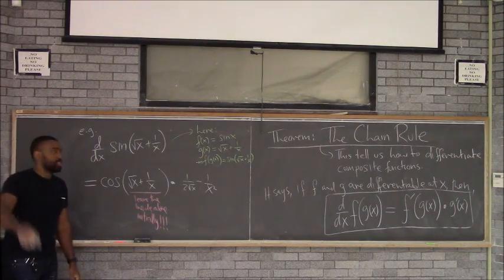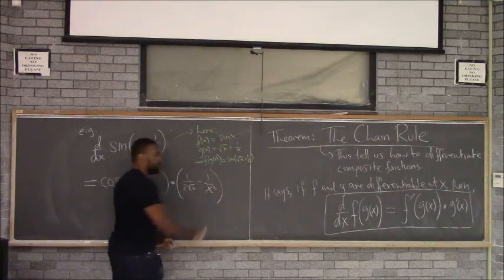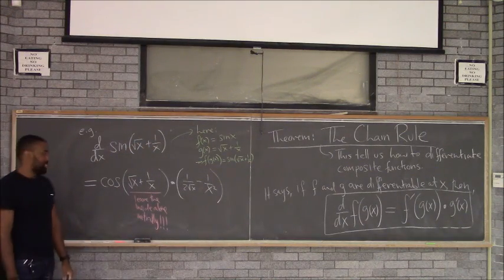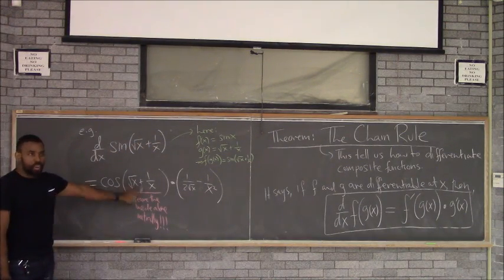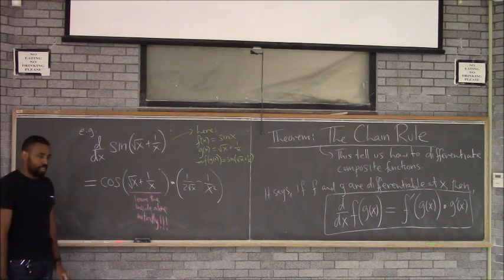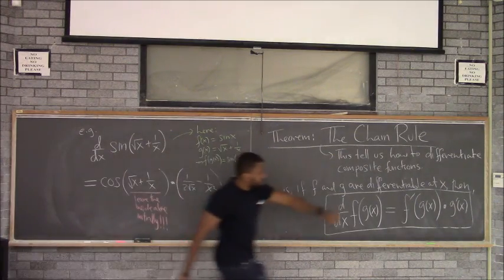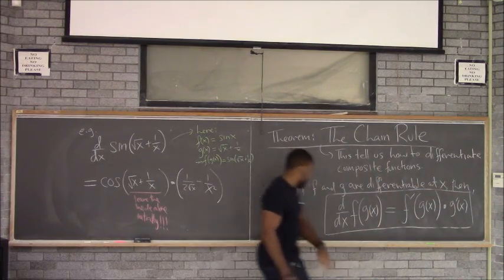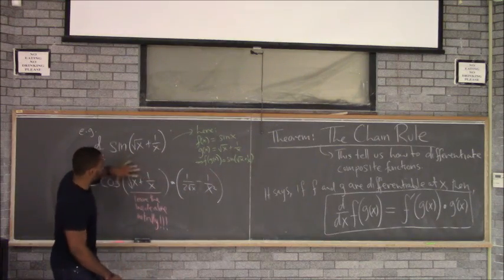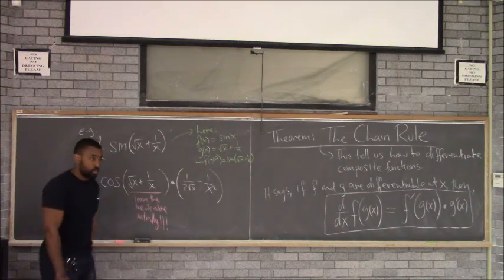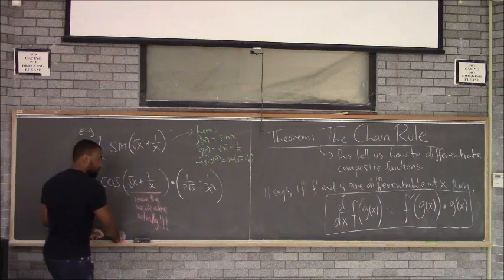Plus x squared. I need parentheses. Students are going to mess up here with the parentheses. Don't be that student. Let someone else mess up. It's going to be this times that entire thing. So if there are several things, you need to be able to distribute, right? You need the parentheses here.